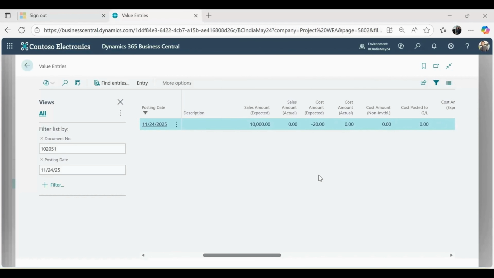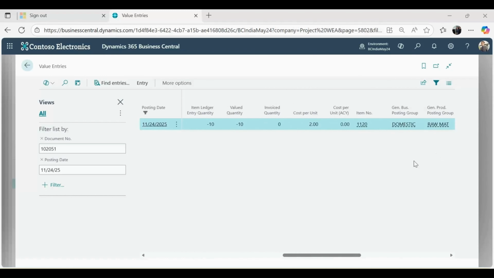Within the value entries, we can see the expected sales value of the inventory and the corresponding cost of the goods sold. We can also see the cost per unit of the item.